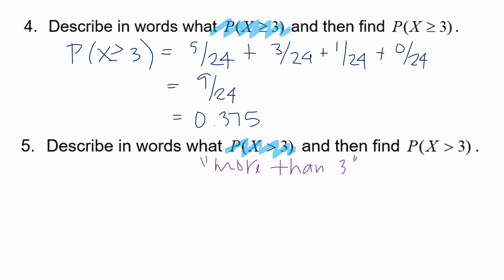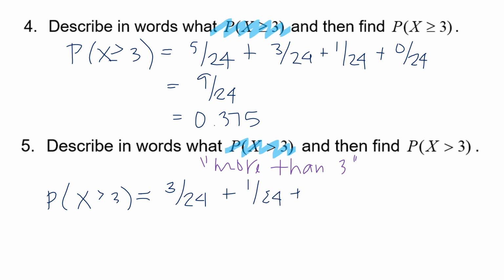So you want to make sure we're not using inclusive language for the 3 because there's no or equal to. And this would be the same type of math, except you would not include the 5 out of 24 because I just want the greater than.